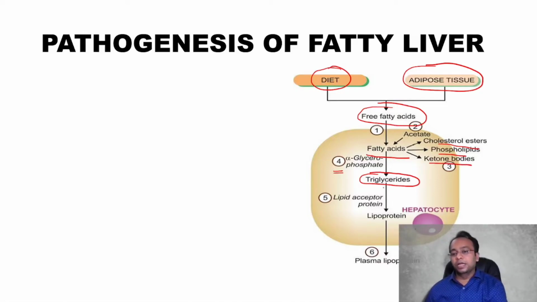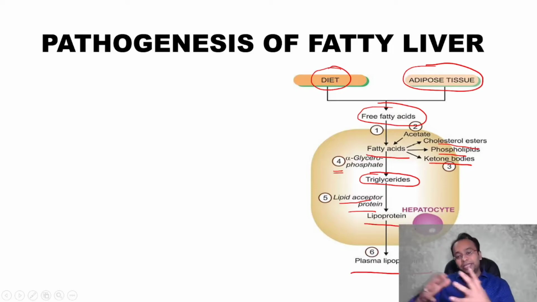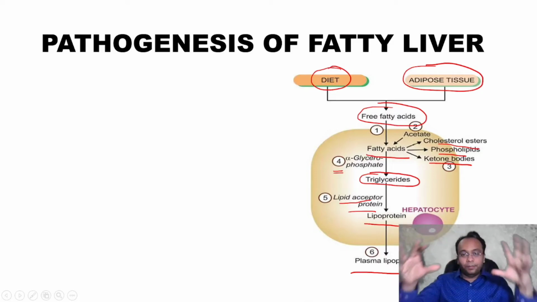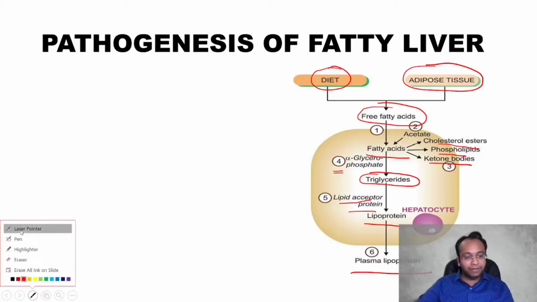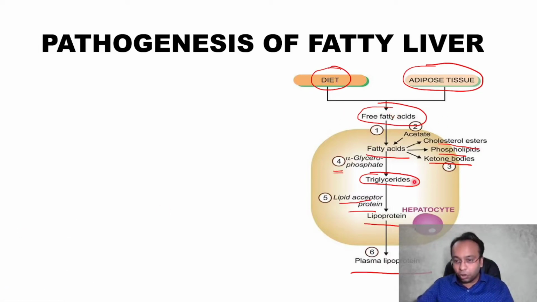Understand? Now this triglyceride, with the help of apoprotein, lipid acceptor protein, will be converted into lipoprotein, and this lipoprotein will get released into the blood, right? So that is the metabolism of fat in the liver. Now, fatty liver can develop if you have a problem in any of these metabolic pathways, right?